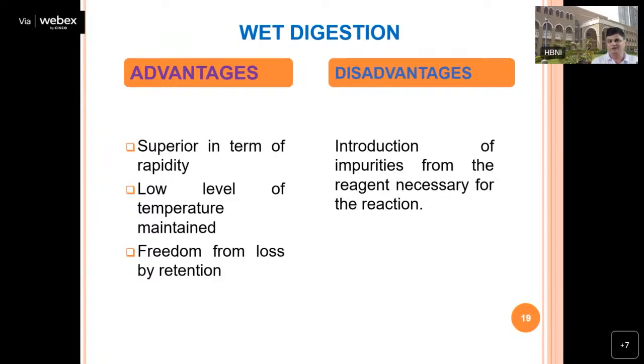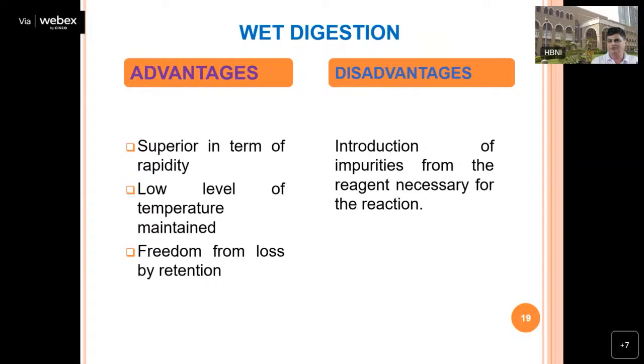So there are advantages and disadvantages of wet digestions. The advantages: it is superior in terms of rapidity, and a low temperature is maintained, because you don't have to go to 400 or 500 degrees centigrade.